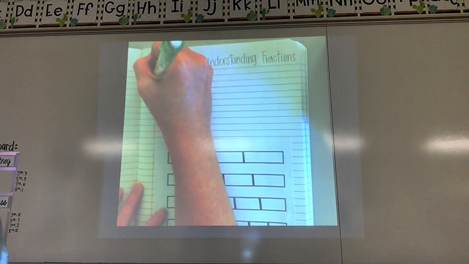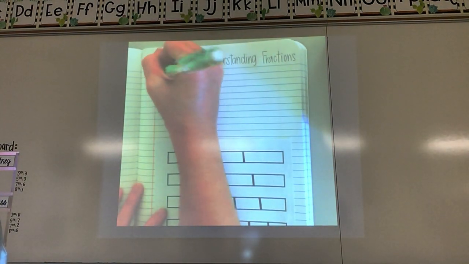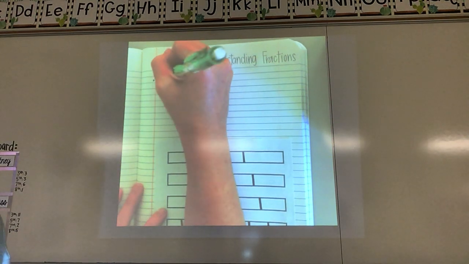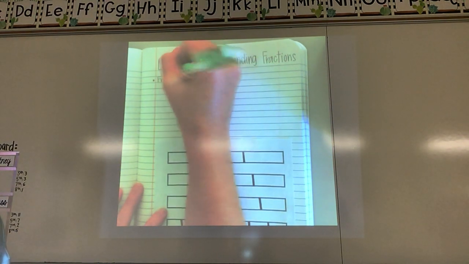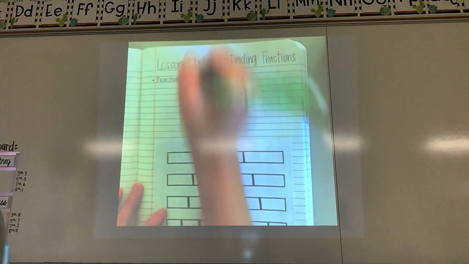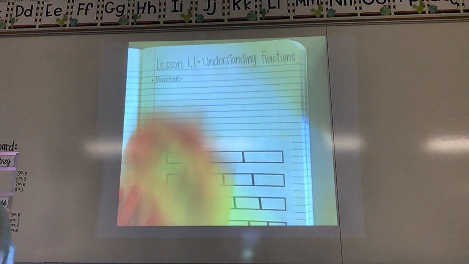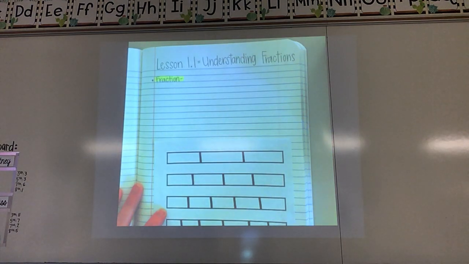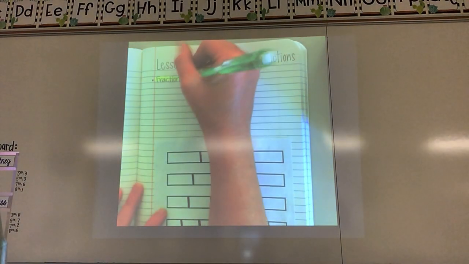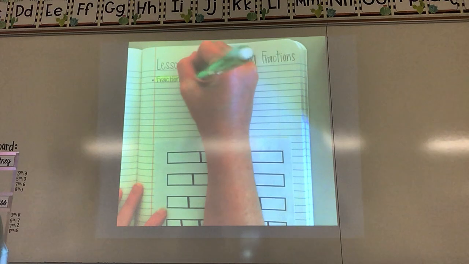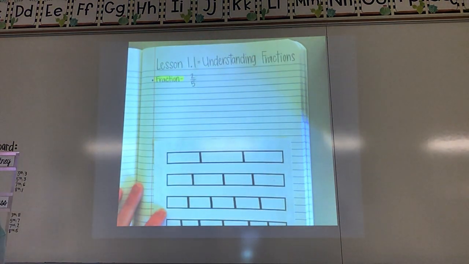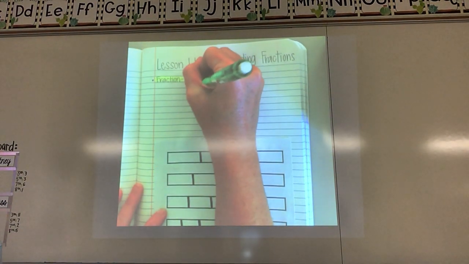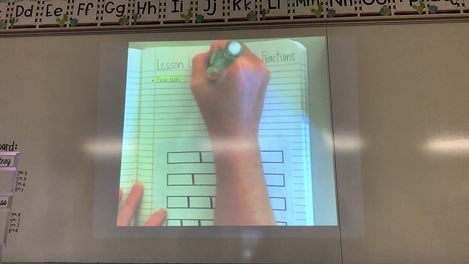The first word we need to make sure we know is fraction. If we're going to be working with fractions, we have to know what a fraction is. Okay, be thinking in your head, what is a fraction? I'm going to write down some examples. We could have 2/5. That's a fraction. We could have 3/4.